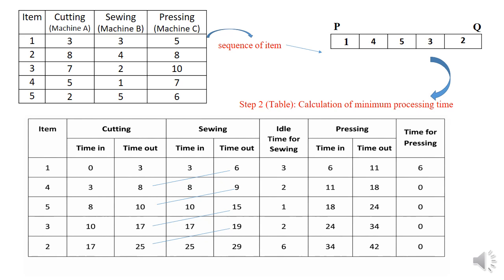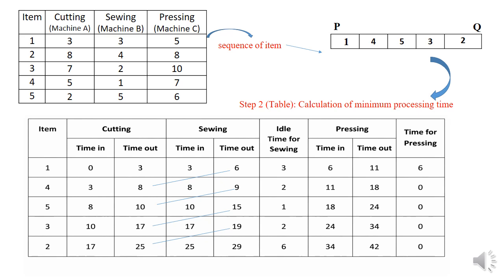The time out of sewing machine will be 29, that means time in plus the processing time of the job or item in sewing machine.